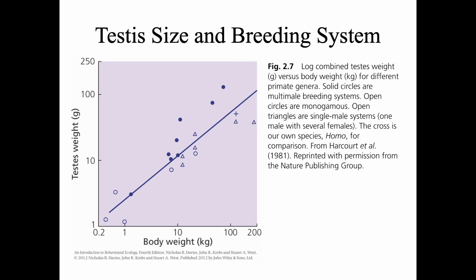Polygamy is a more general term, which could mean either one male, many females, which would be polygyny, or polyandry, which is many males and one female.